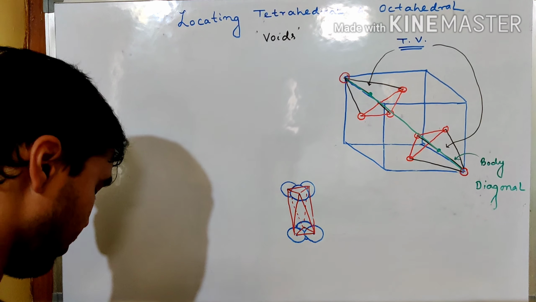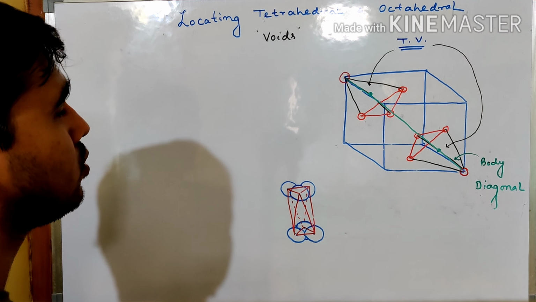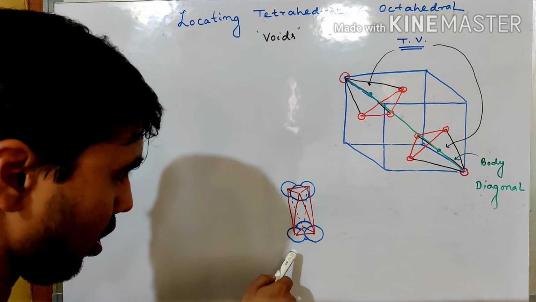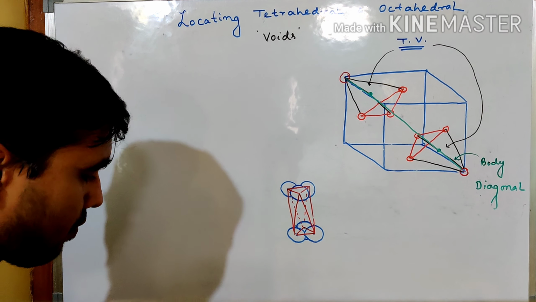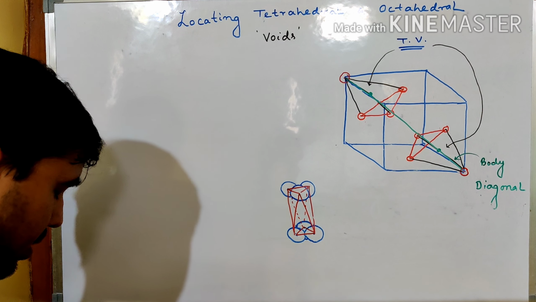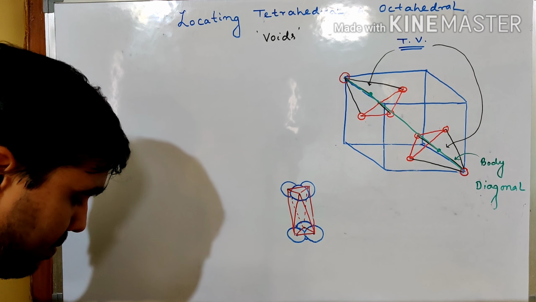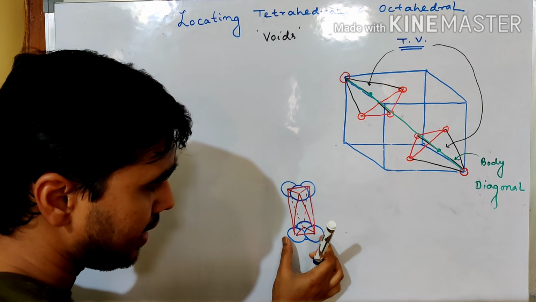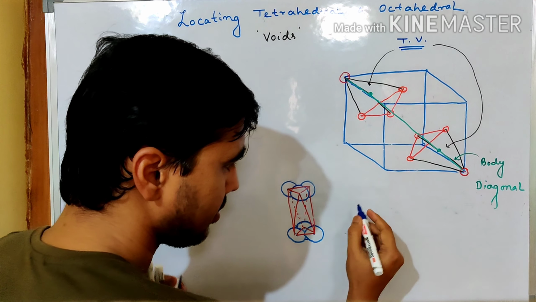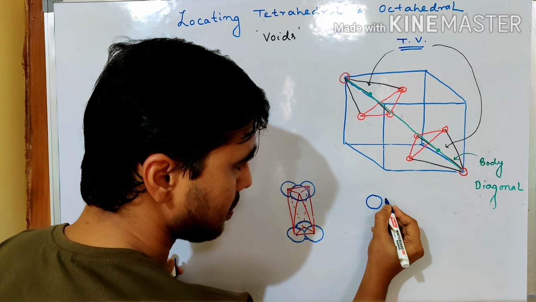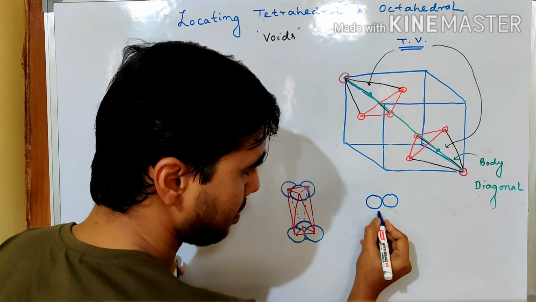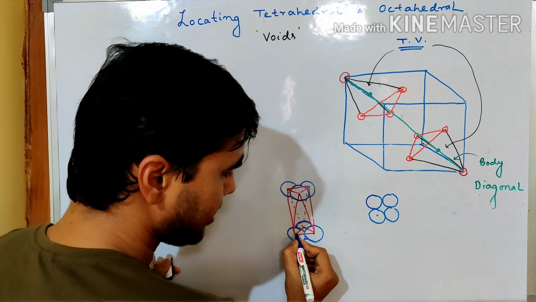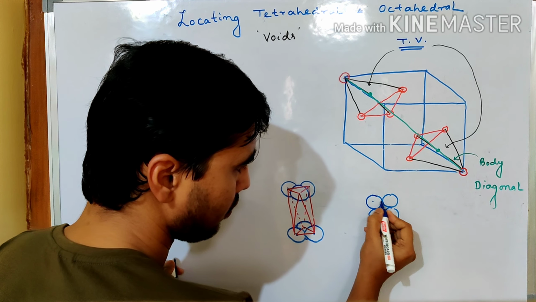The next one that we are going to attempt is to locate the octahedral voids. So already I have drawn a miniature of that, we have shown it already. Just concentrate on these red lines. What is that basically? See, if I take the atoms like this, these atoms 1, 2, 3 and 4.